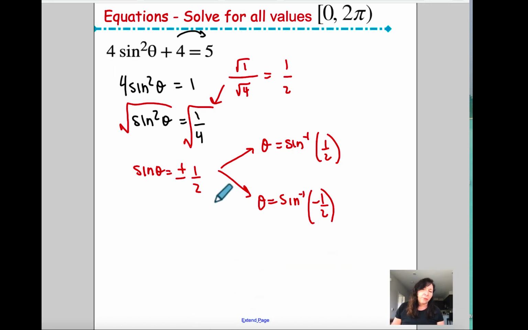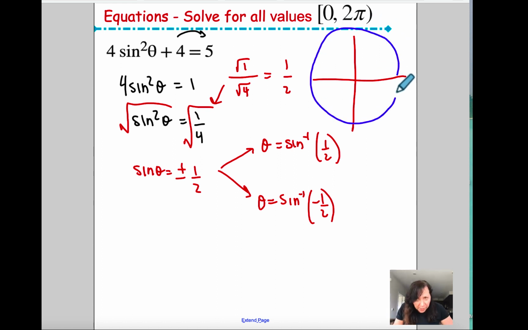And so therefore they're asking me on an axis, where is sine a half? All the way around, not including 2 pi. And so it would be here at pi over 6. Oh, it's all the same answers as the tangent one. I love that.